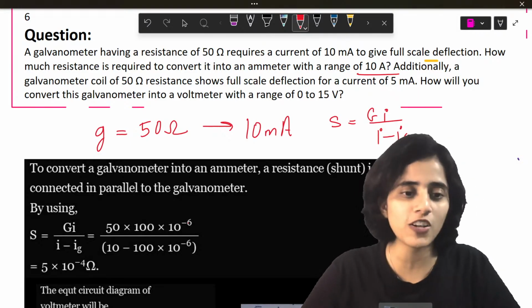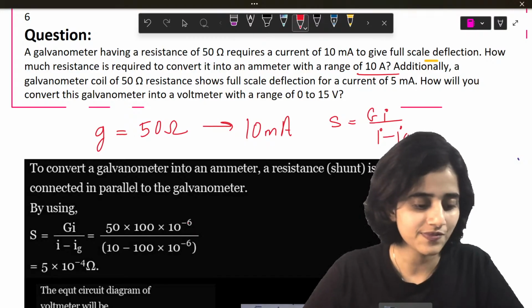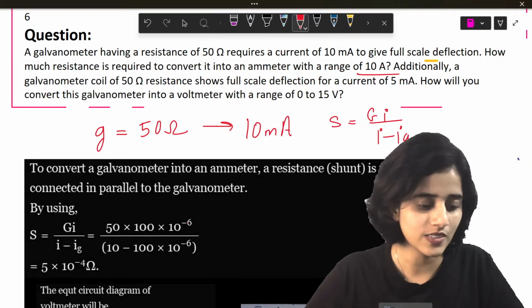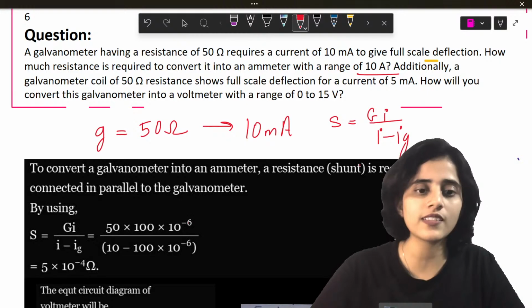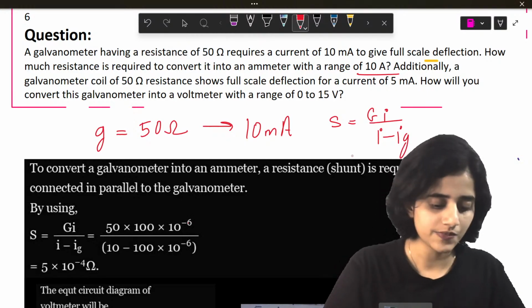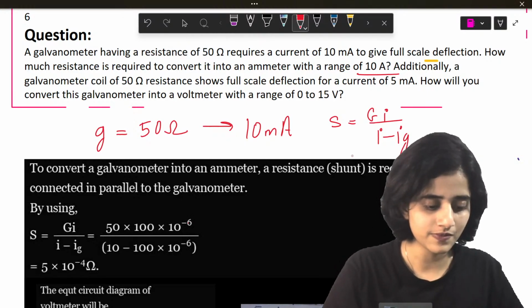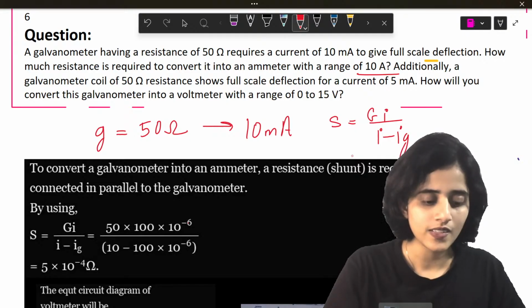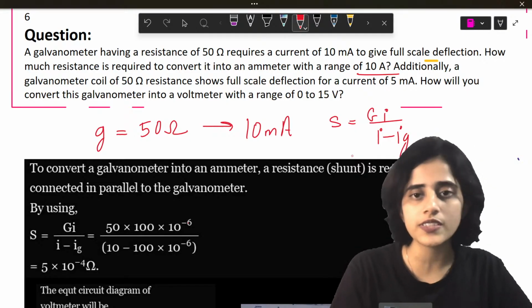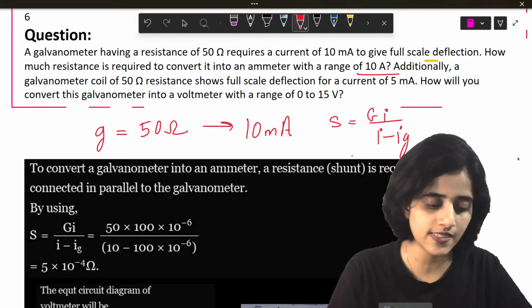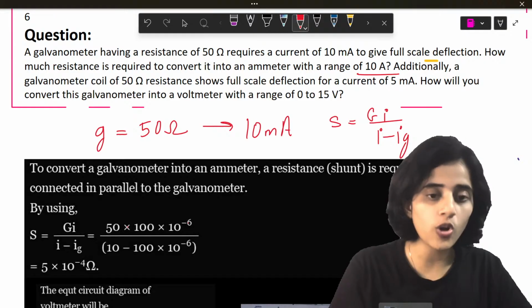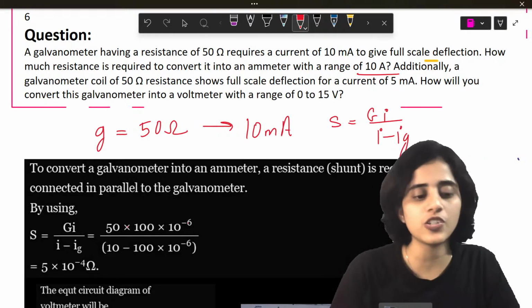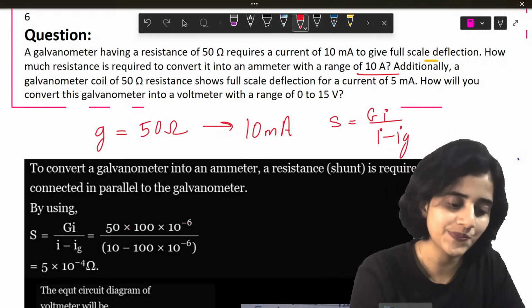Okay, students, are you all getting the answer? Yes, no? So, S is equal to 10 into 10 raised to minus 3, into 50, the whole divided by 10 minus 10 into 10 raised to minus 3.